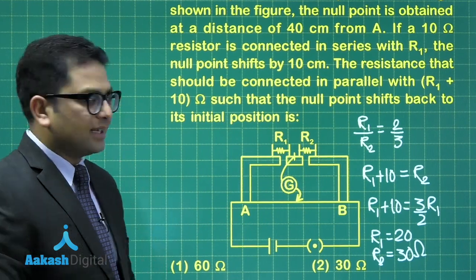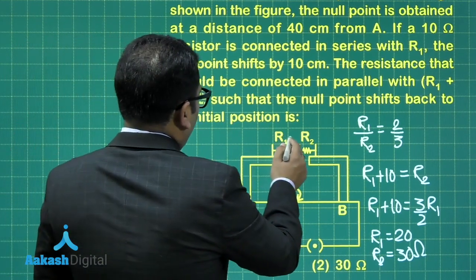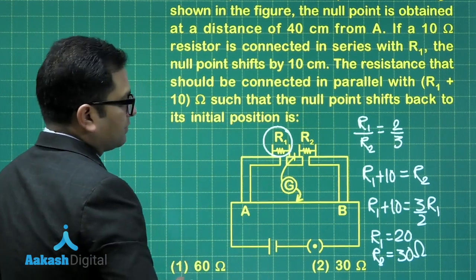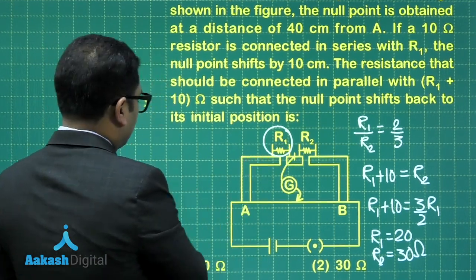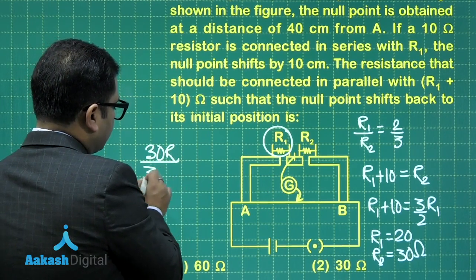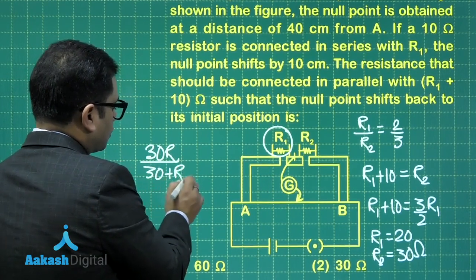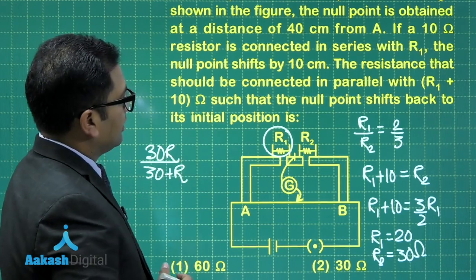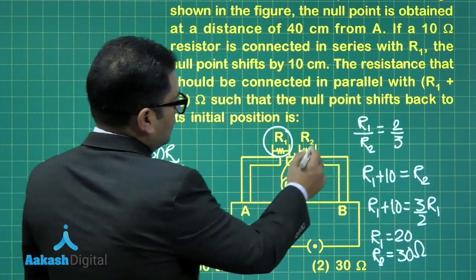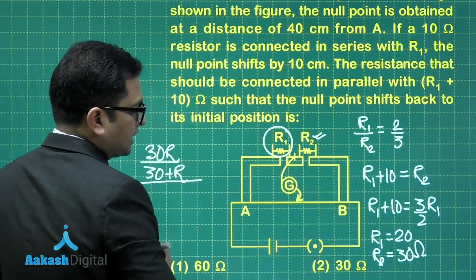So let's try to see. How much is the resistance that should be connected in parallel with R1 plus 10? That means 30 ohm. So that will be 30 R by 30 plus R, where R is the resistance to be connected in parallel, divided by R2. We can easily put that value.